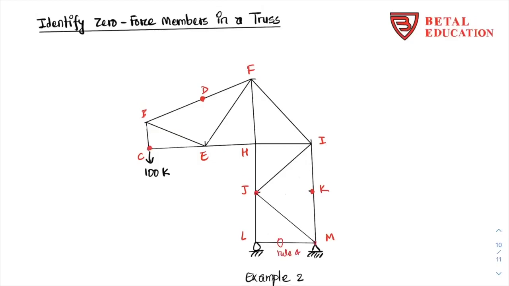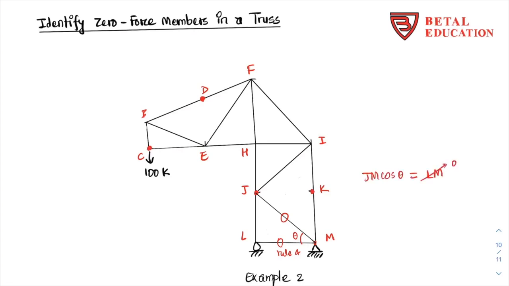Now let's quickly look at rule number 5, and then we will come back to rule number 3. As per rule number 5, the member JM should carry 0 force because it's a diagonal member, but there is no horizontal member that can carry its horizontal component. If you are solving this truss, you will do something like JM cos theta equals LM.